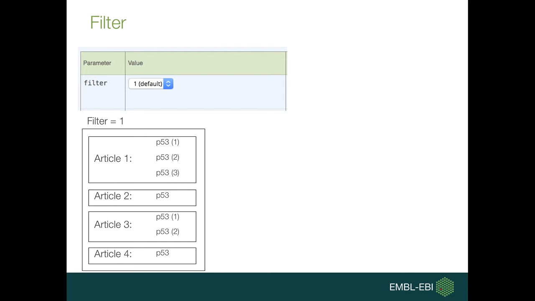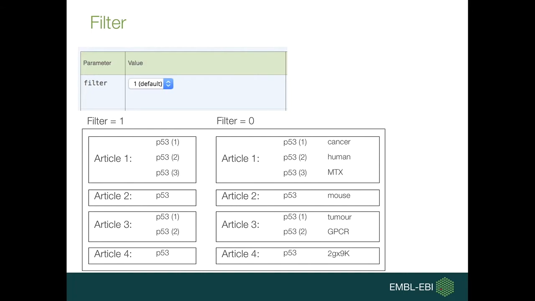So if you search for a specific entity, let's say P53, in your results you will retrieve a list of articles for each of which there will be a list of all P53 mentions and nothing else. If, however, you set the filter parameter to 0, you will get all the annotations for the same list of results. A bit confusing, so here's an example.